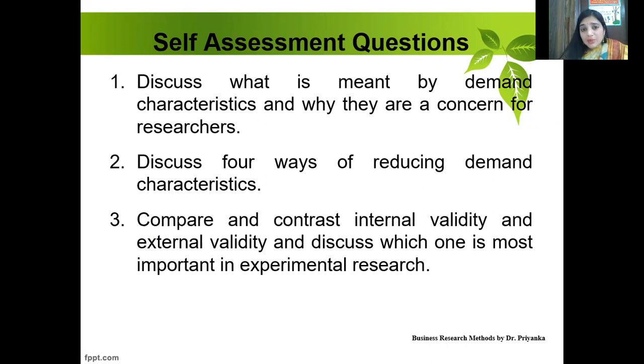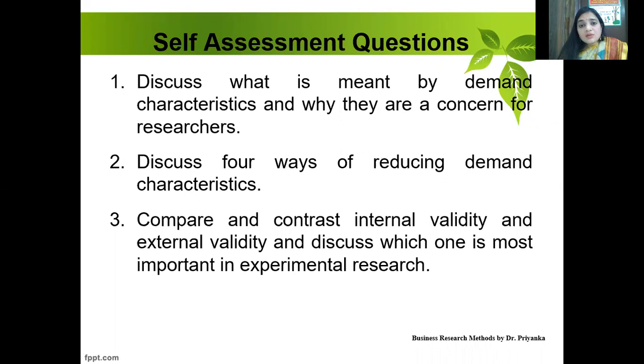When it comes to laboratory experiments, we mentioned that internal validity is more important, because at least your experiment should be valid. Then we will be talking about the generalization of that particular result. Internal validity means the experiment was good, you have conducted the experiment in a proper way. External validity means once you have got the results, whether they can be generalized or not.